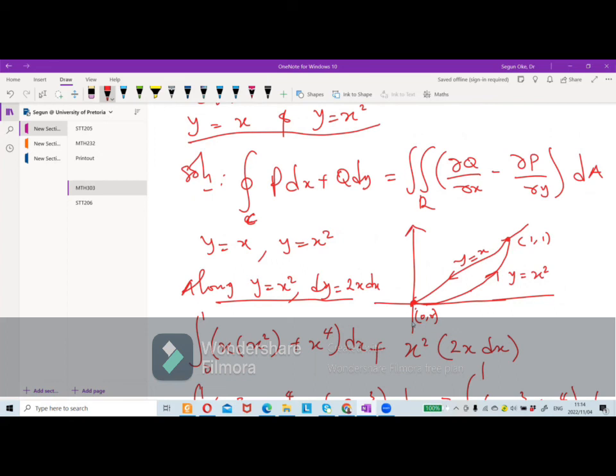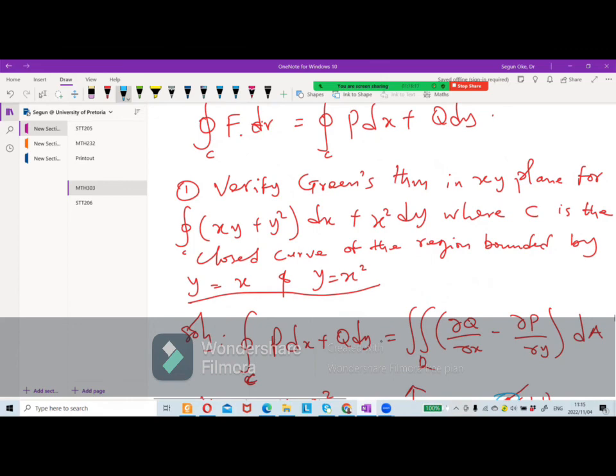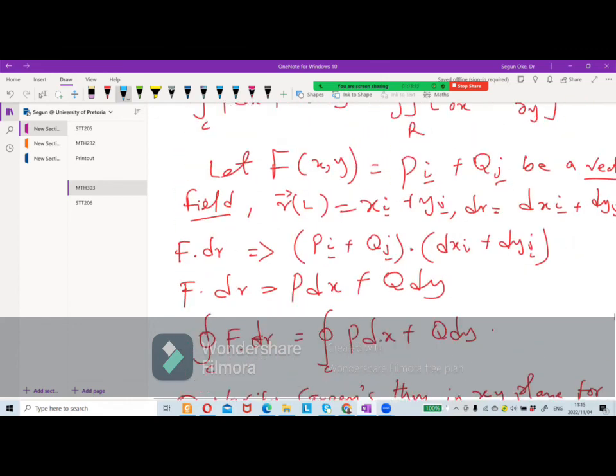But when y equals x squared, what happens at that point? Here, y equals x squared, starting from x to x squared. Then from here, you'll be able to trace it. And you have the equation also.